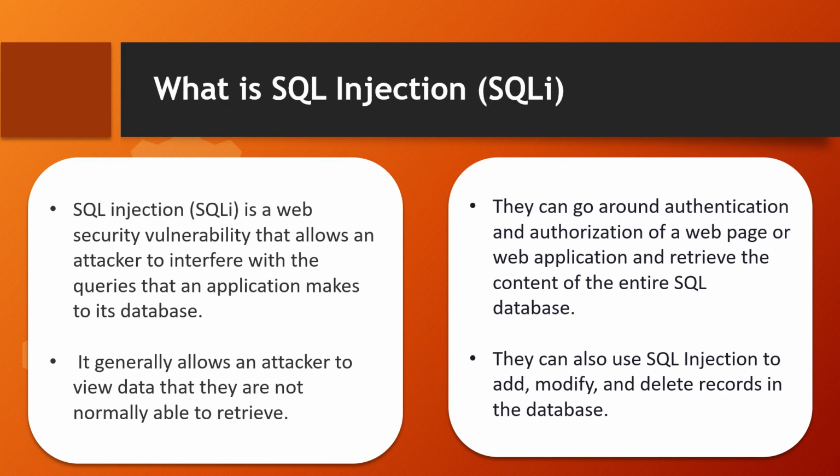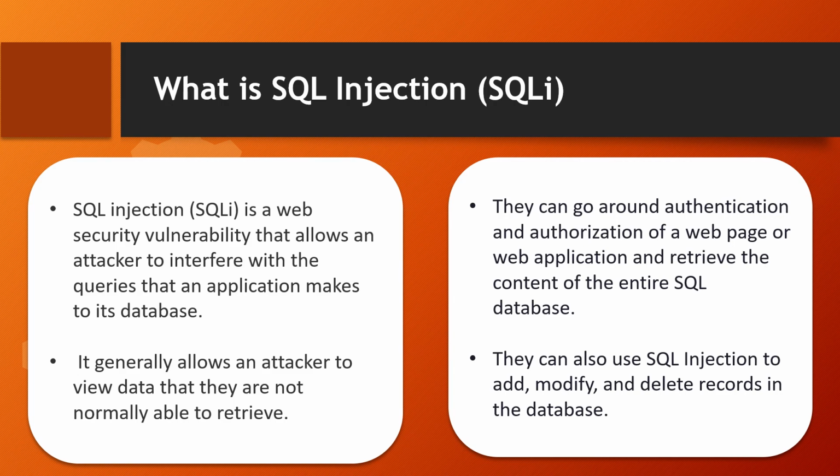SQL injection is a web security vulnerability. It allows the attacker to interfere with the queries of an application which is using a database. It allows a hacker to view information which is not normally viewable to everybody.